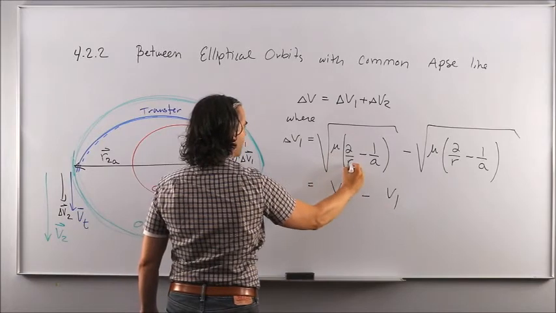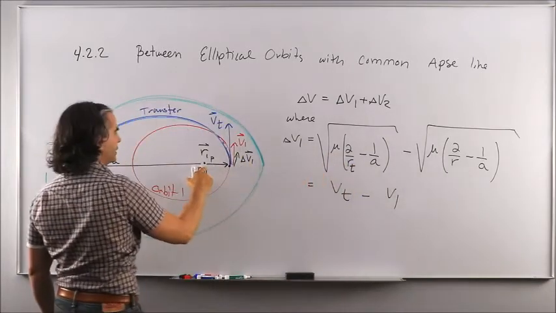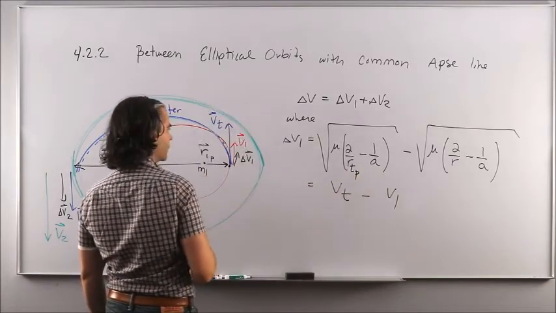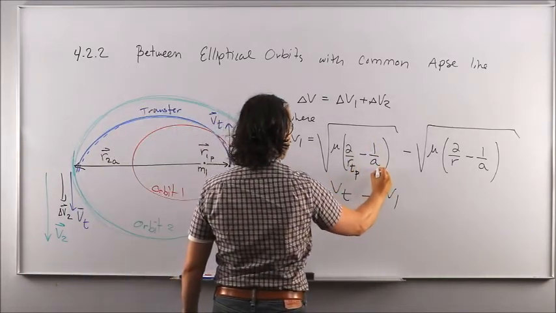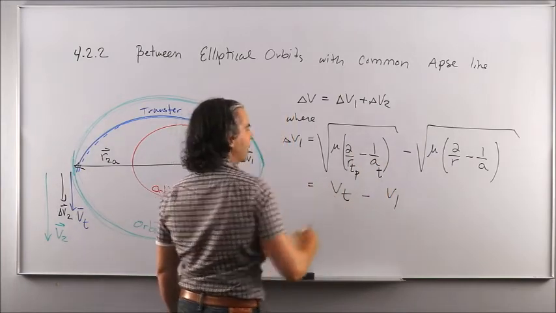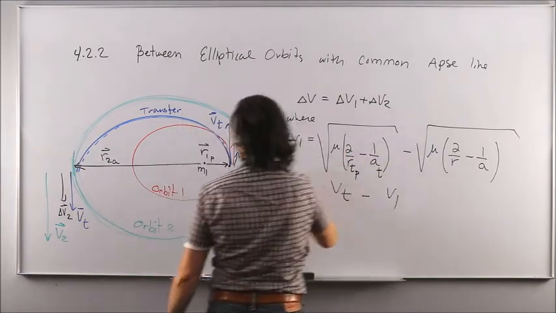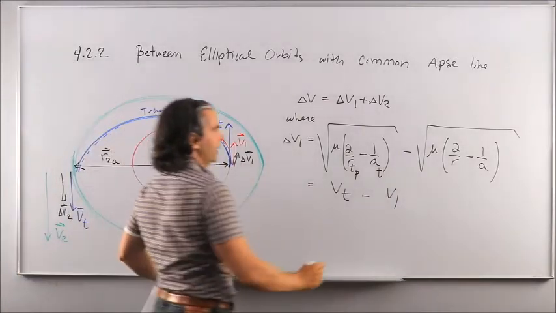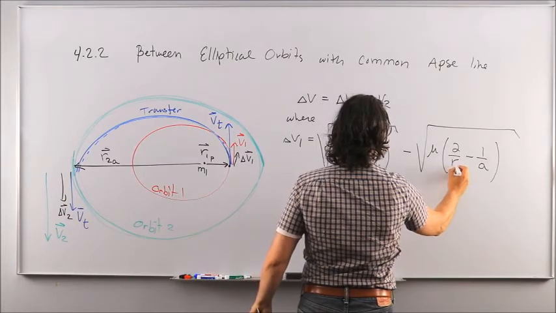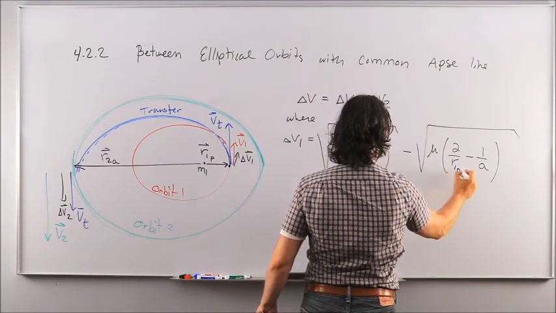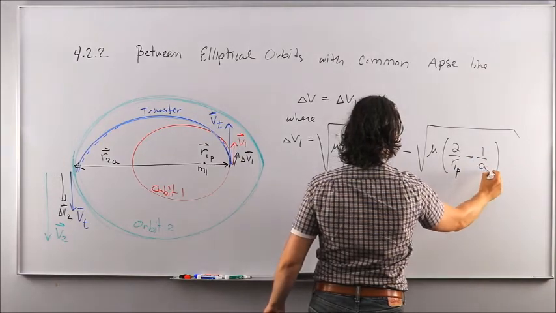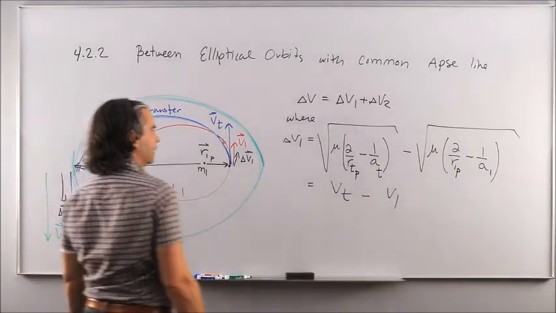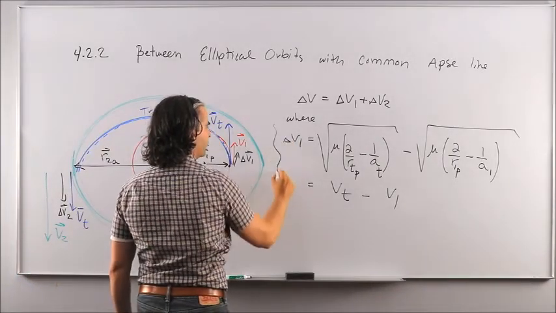So 2 over radius of the transfer orbit at its perigee, minus 1 over semi-major axis of the transfer orbit. All this is for Vt. V1 is the speed along the initial small elliptical orbit. I'm going to write 2 over R1 at its perigee minus 1 over semi-major axis of orbit number 1. Nice. And that is for delta V1.